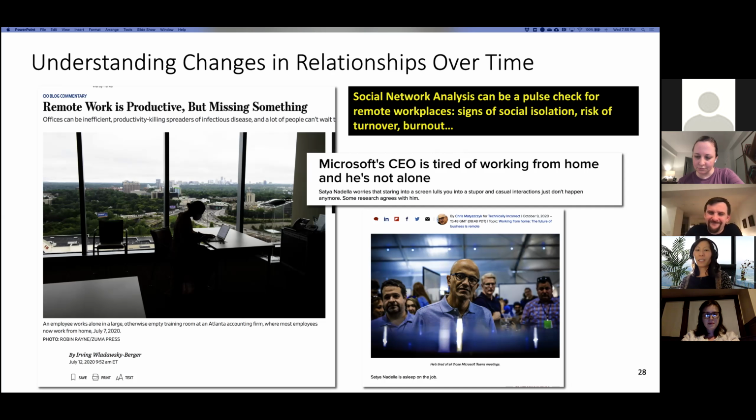What is really striking, and I think this depends on the type of company you work in, or the type of communication and whether people work in teams, is that you can see ties disappearing from networks over time. It's an indication that people who used to talk to each other are no longer talking. Not to say that they're not forming new relationships over that period, but in terms of the persistence of relationships, some of those are going away.